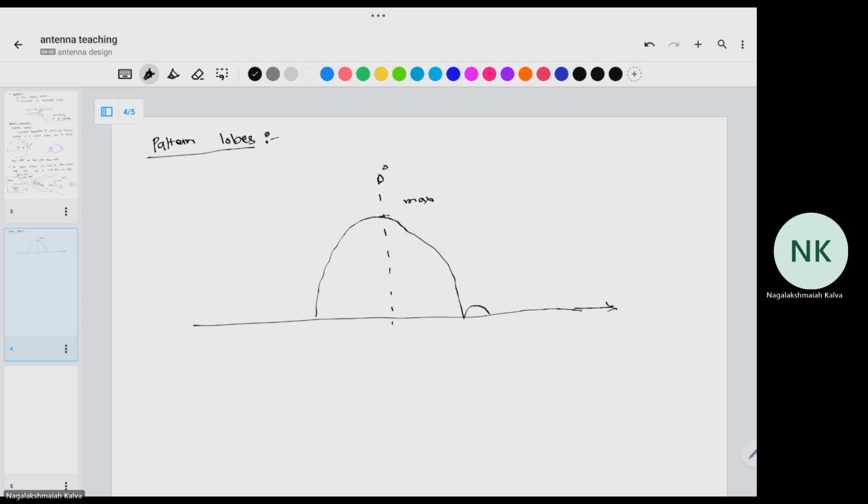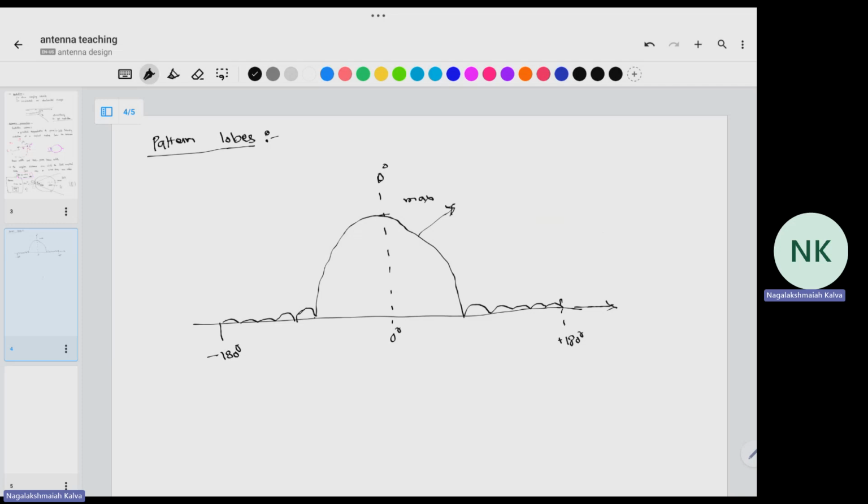And then it keeps on reducing till it reaches plus 180 and minus 180. You can call it 0. So the main power is concentrated in this lobe. So maximum power is concentrated in this lobe. So we can call this the main lobe.